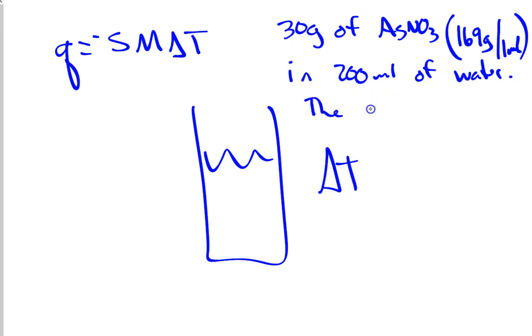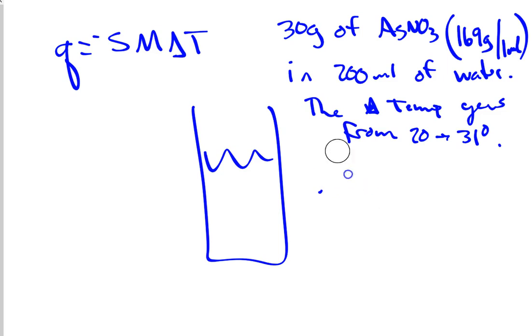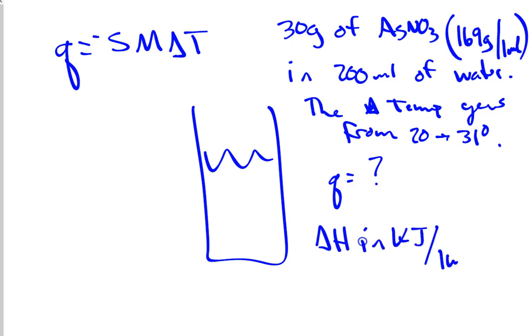The temp goes from 20 to 31 degrees. Now, what I want to know is the following. I want to know the Q for this reaction and the delta H in kilojoules per 1 mole. I'm going to give you 3 minutes to do that.